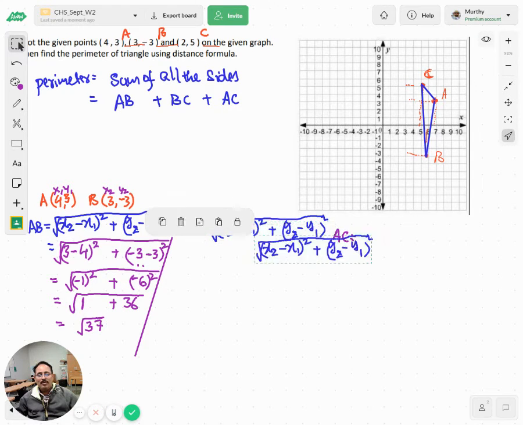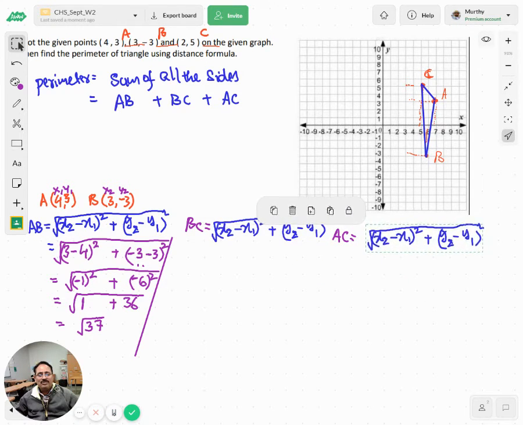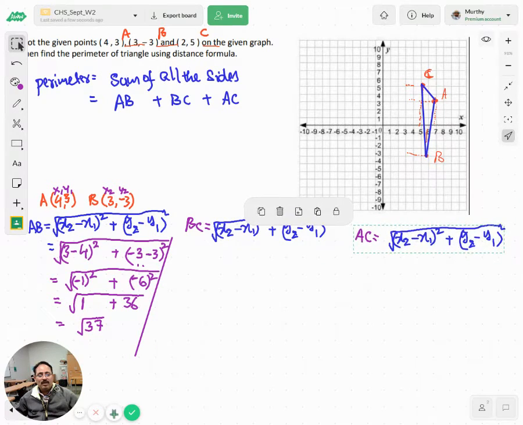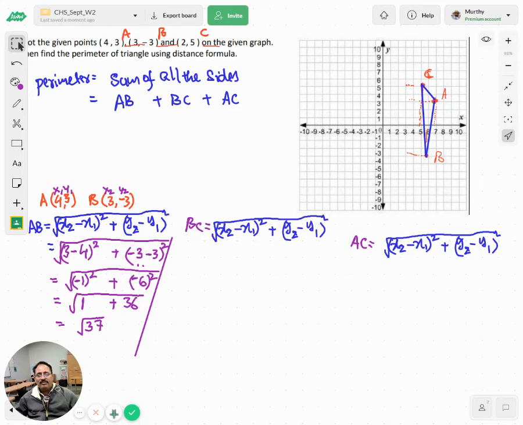The same thing I am duplicating and just copying here. Okay, let me move this one a little away so that it will not be mixed up. Alright, then let me separate all these three. Well, now let me compute the length of BC.